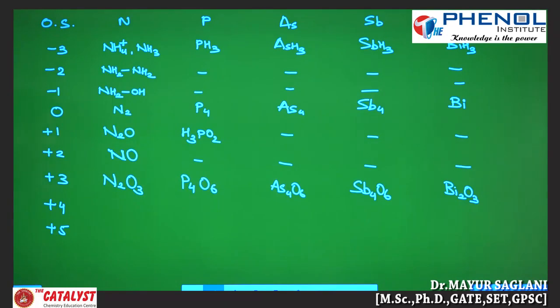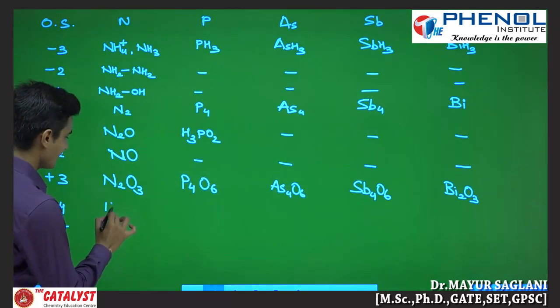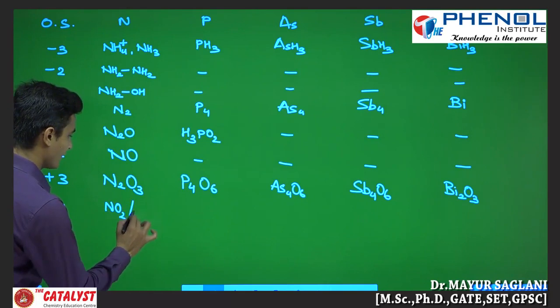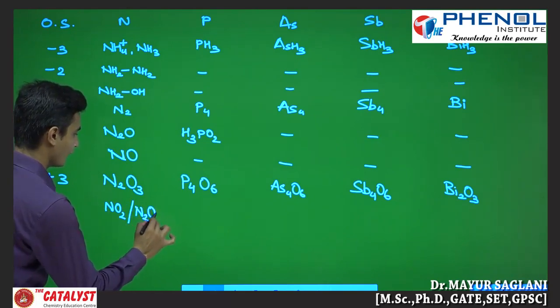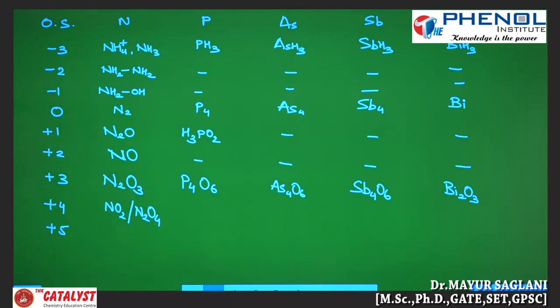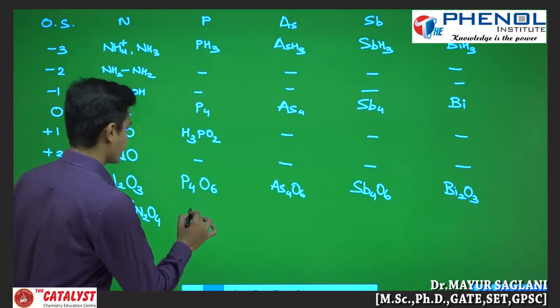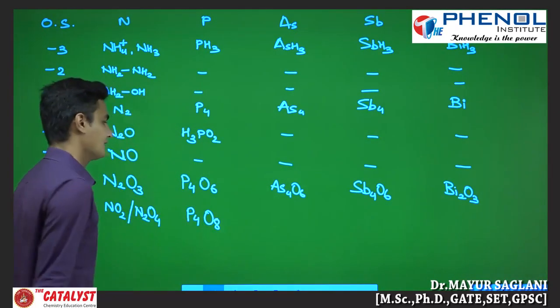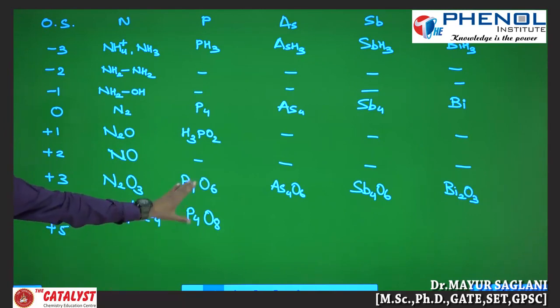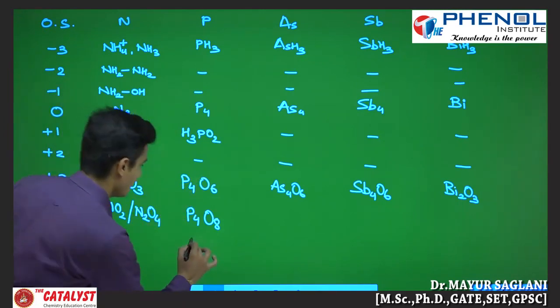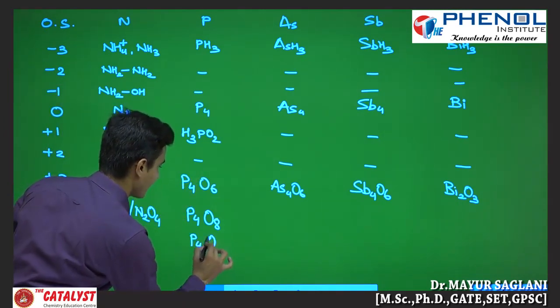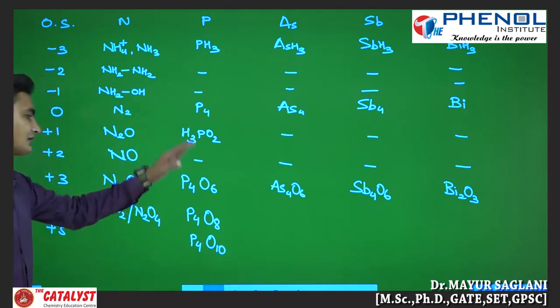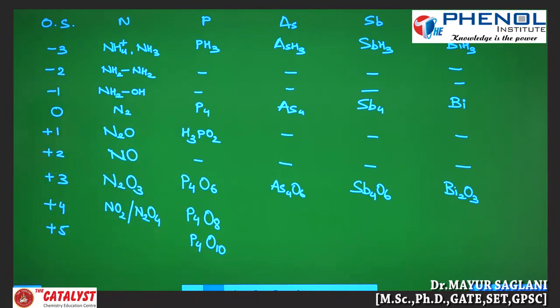If we say the +4 oxidation state, then NO2, or you may say N2O4, are the compounds in which nitrogen shows +4. For phosphorus, P4O8 is the example. We'll see the structures of P4O6, P4O8, and for +5 it is P4O10, these oxides of phosphorus.